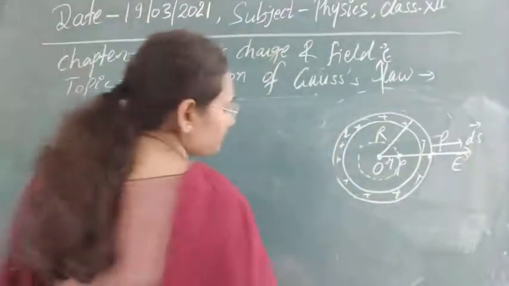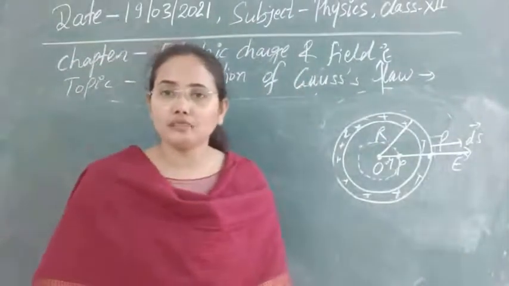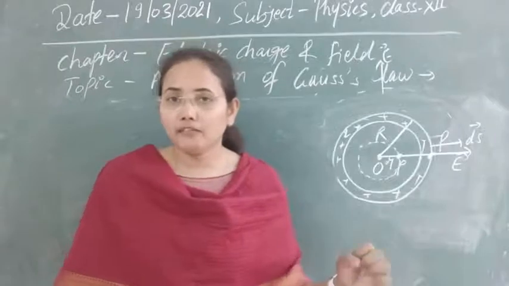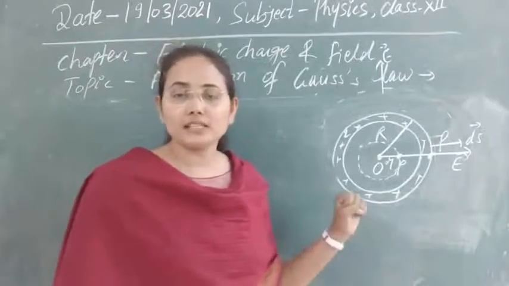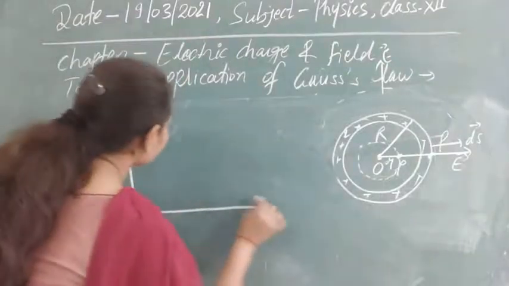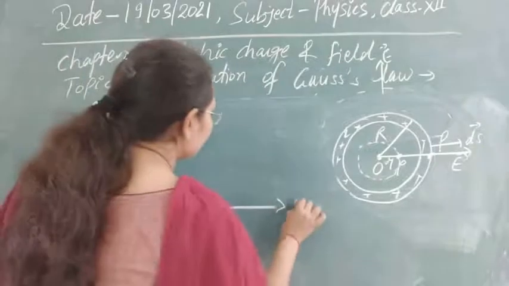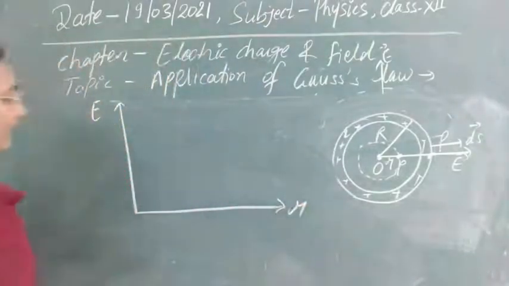Now suppose we have to show the variation of the electric field in the case of a spherical cell. We can show it by a graph. Suppose on this graph we take the electric field on this axis, and the distance r on the other.